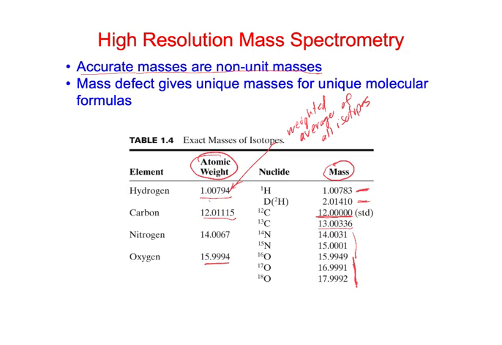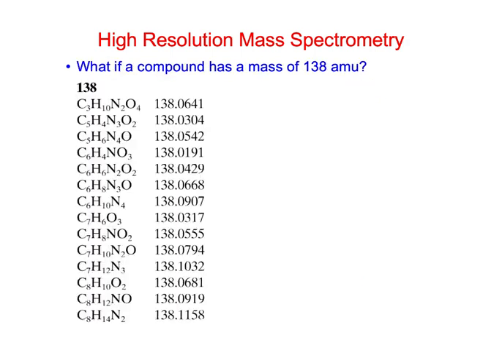The point is that because all of these are not exactly a unit mass, if we pick a unit mass like 138, there's actually a whole bunch of different molecular formulas that can be in the 138s.